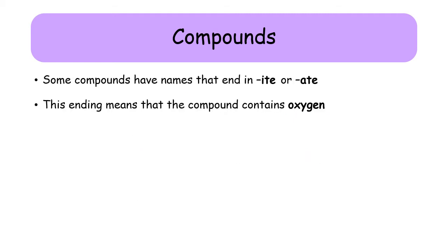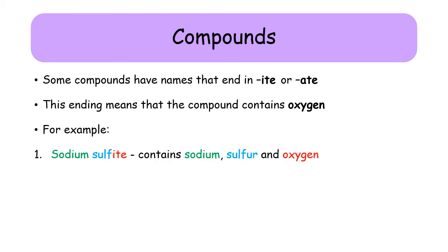Not every compound ends in the letters IDE. In fact, there are some that end in ITE or ATE. Now, if a compound ends in the letters ITE or ATE, that means it contains oxygen as well as the other elements you can work out from the name. So, for example, sodium sulfite. Well, the sodium part tells us it contains sodium.